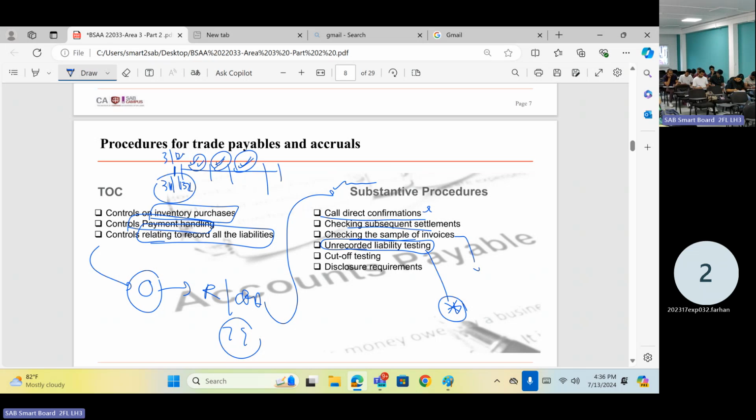Then, according to the materiality levels, select a sample or go through the transactions and check whether each transaction is relevant for the subsequent period or the previous period. You have to select based on the materiality level.